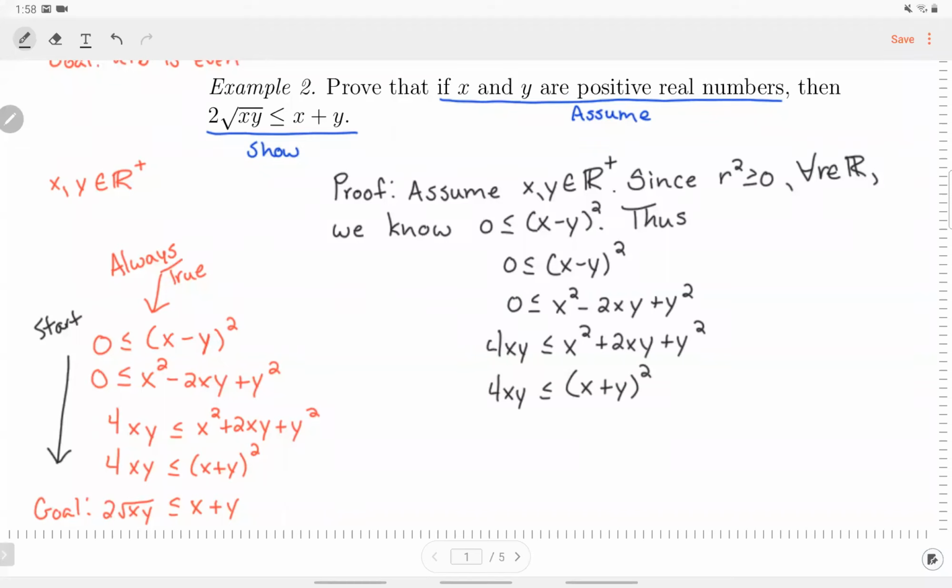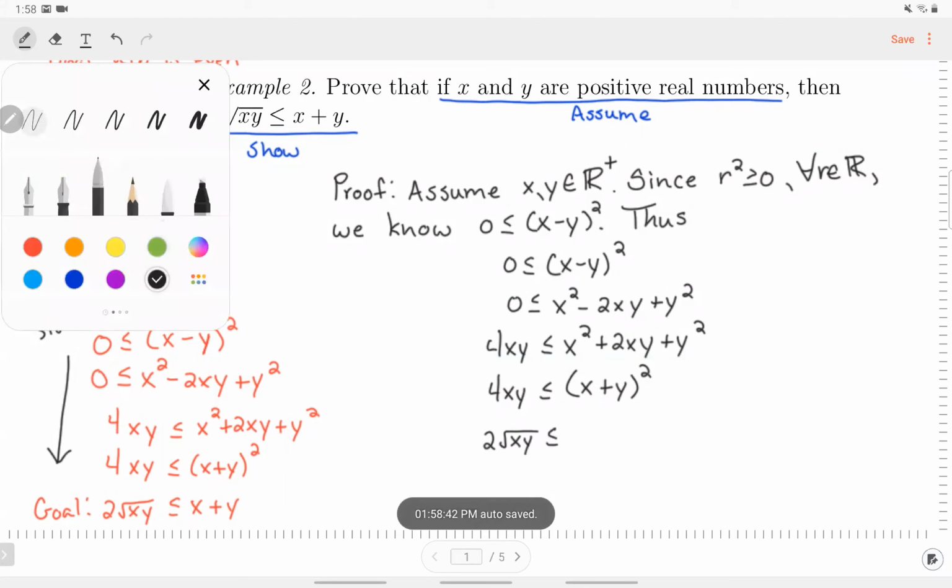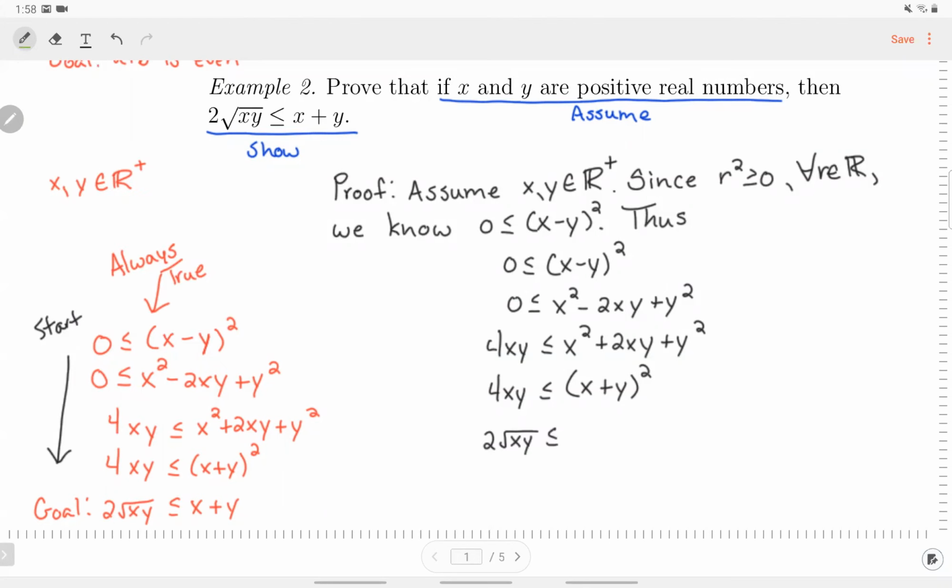Now here's where I have to be careful. I'm going to take the square root of both sides. So 4 square rooted is 2. Square root of xy is well defined because x and y are positive. So when I multiply them, it's positive. I'm not taking the square root of a negative. Then when I take the square root of a square, little side note, you may or may not remember from calculus, the square root of a square is the absolute value of that number, right?